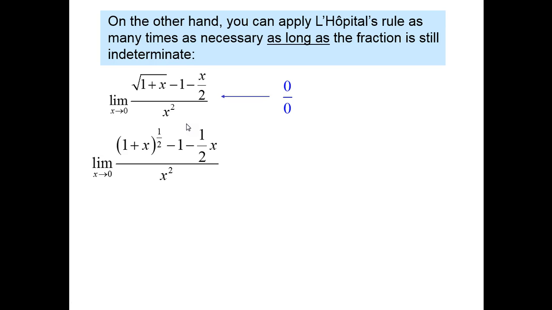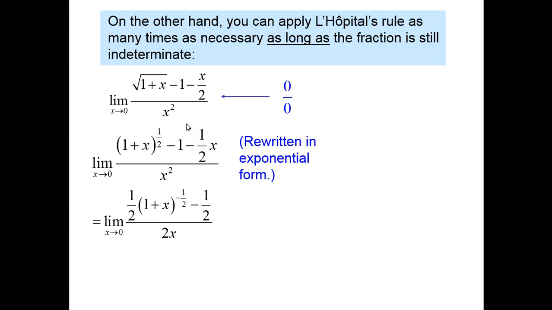If you take the derivative of the numerator, next step, they just rewrote it here. Now take the derivative of the numerator, take the derivative of the denominator, and notice, again, if you try to use direct substitution, you would get 0 over 0. Check that for yourself and make sure you see it.